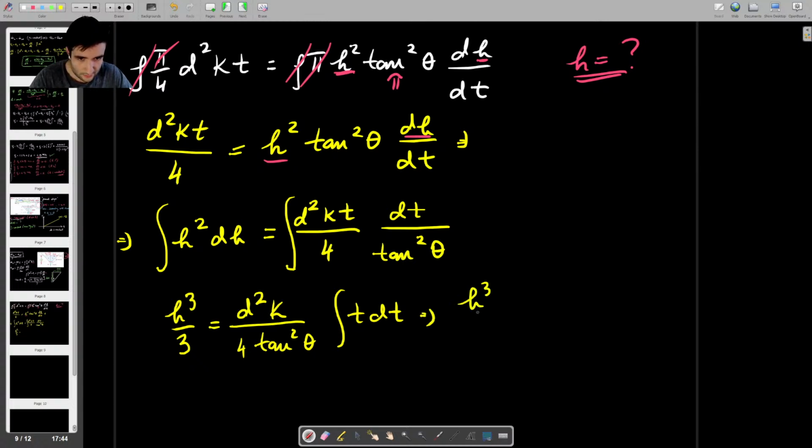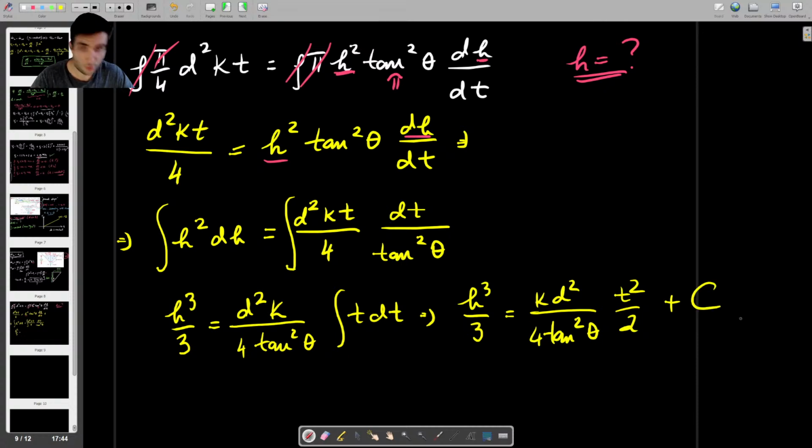When we fully integrate the right hand side, that's going to be k d squared over 4 tan squared of theta, t squared over 2 plus a constant.